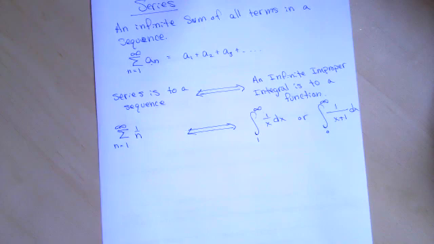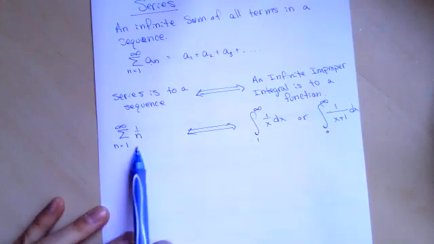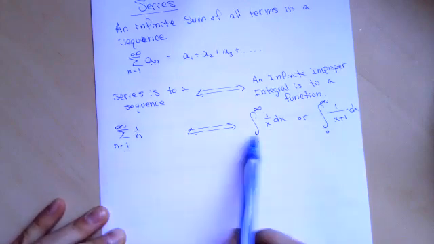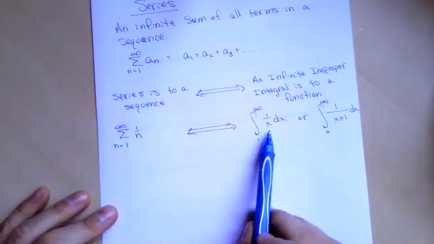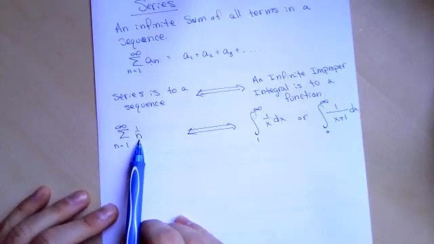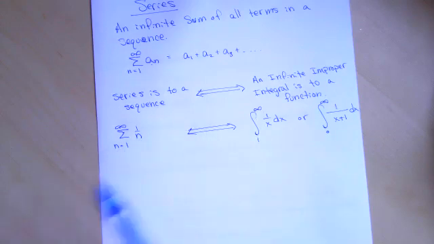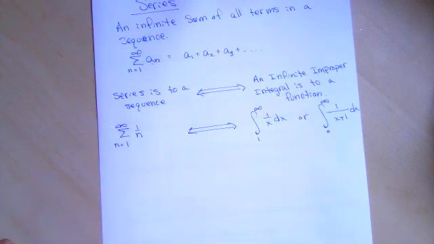You want to consider these as behaving pretty much the same. We'll see why tomorrow with what we call the integral test, where the convergence of the integral of the corresponding function goes hand in hand with the convergence of the series.